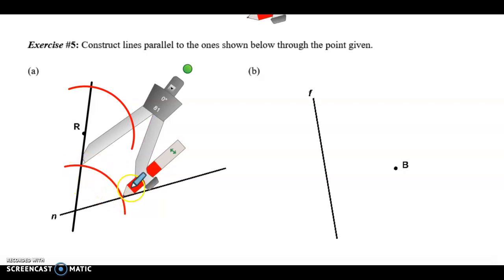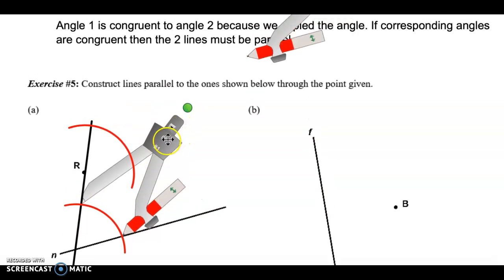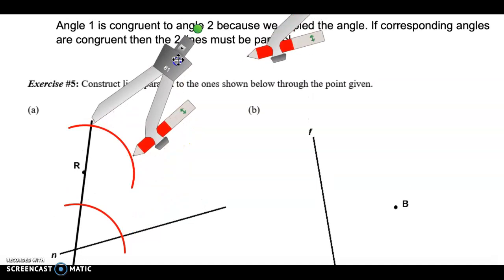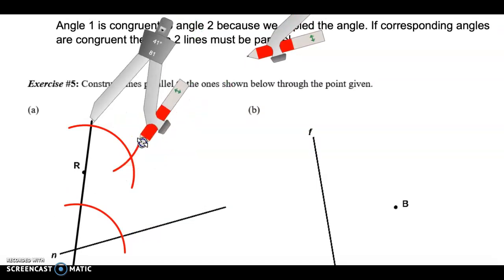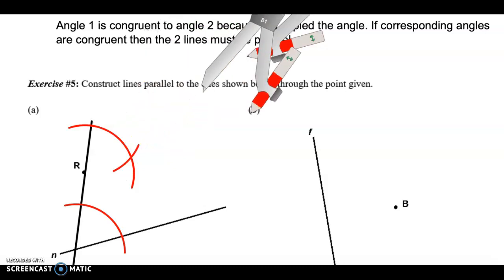So again, I'm measuring the span of the arc using my compass. And then I'm going to come up here to the top arc and I'm going to put my compass there. And again, I'm going to draw an intersection. And then where they intersect, I'm going to connect that with R, and those lines will be parallel to each other.